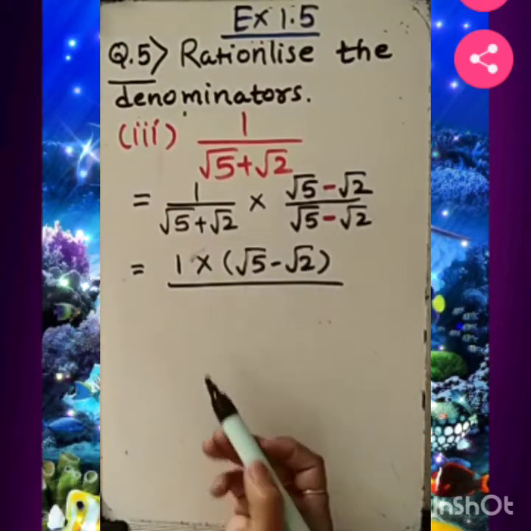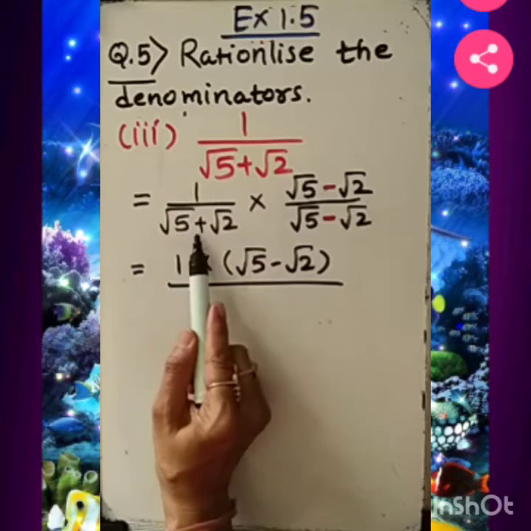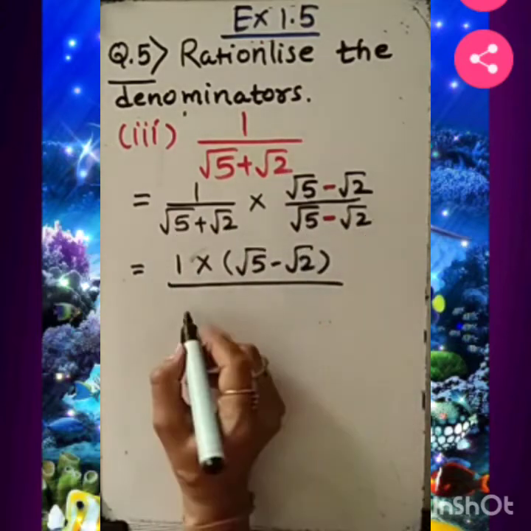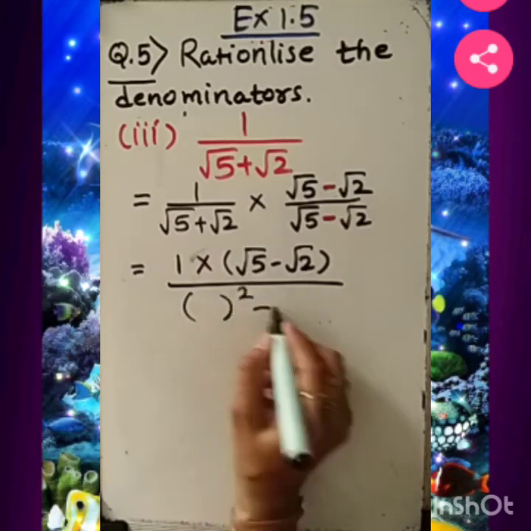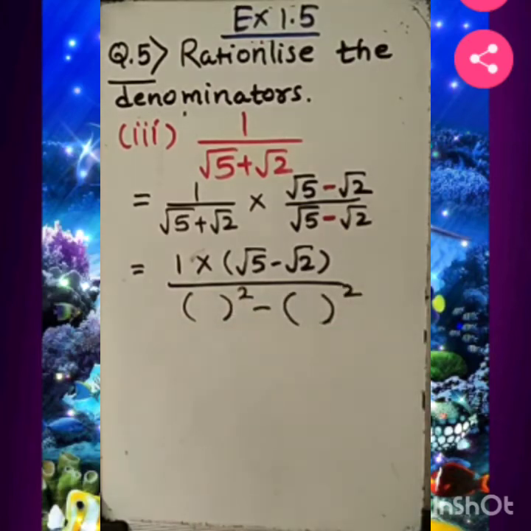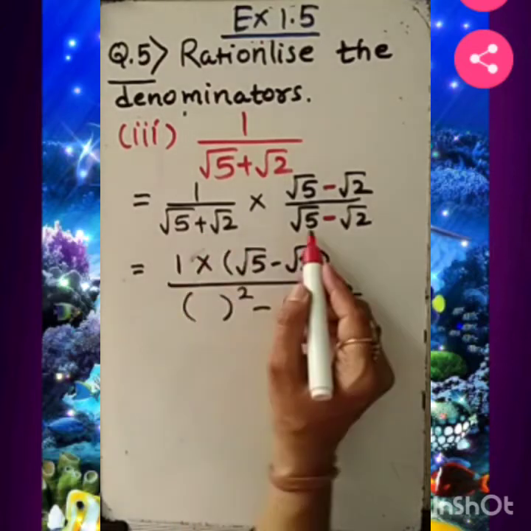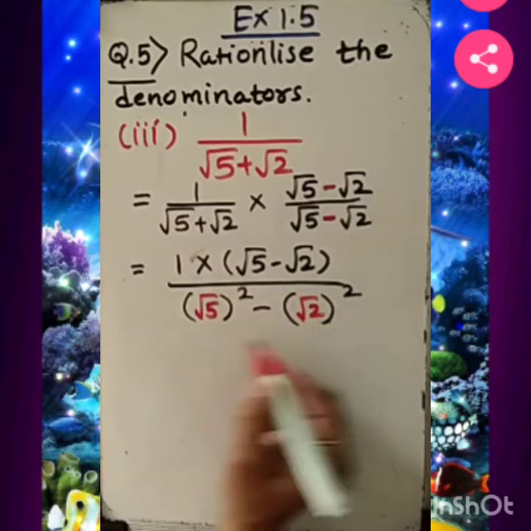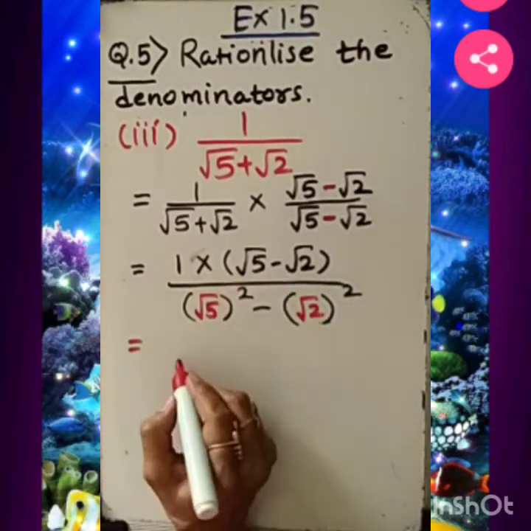Now as I told you, keen observer, a plus b, a minus b, the third identity, a square minus b square. Now the identity is a plus b, a minus b, so a square minus b square. Clear? So in numerator what do we have?